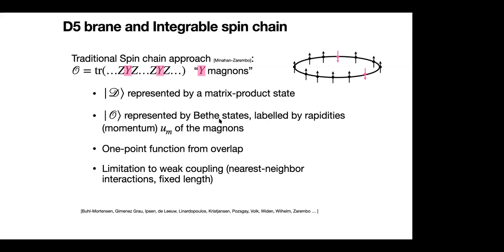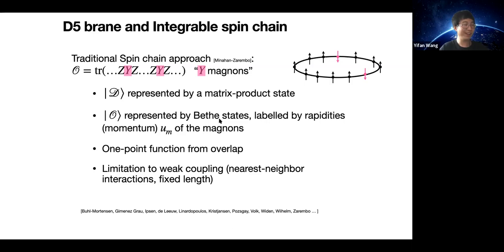Does this mean formally that if you compute the overlap of D with O, you get the one-point function of O, and in that sense it's represented by a matrix product state? Well, doing perturbation theory, you observe explicitly that this defect is represented by a matrix product state.